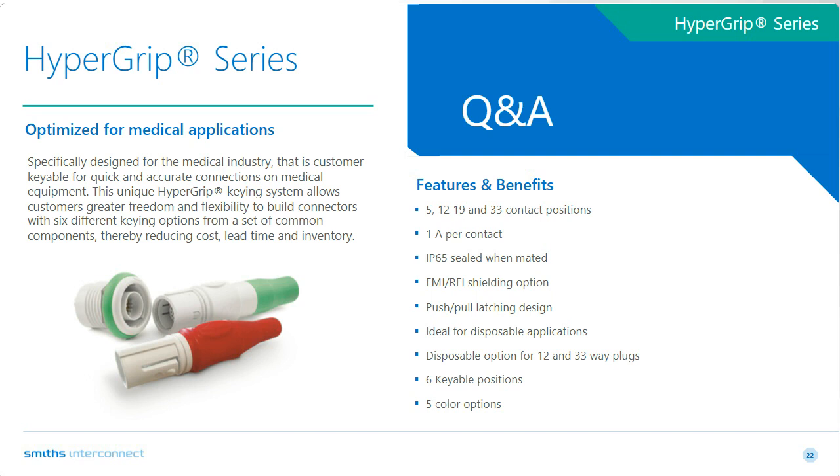What wire sizes do you support? And do you support multiple wire types like coax or twisted pairs? Yep, I can take that one. The Hypergrip connectors mainly support 26 to 28 gauge wire, and multiple types of wire can be terminated to the contact.